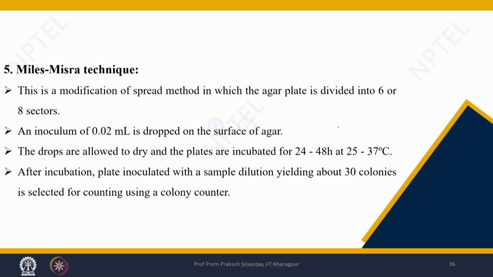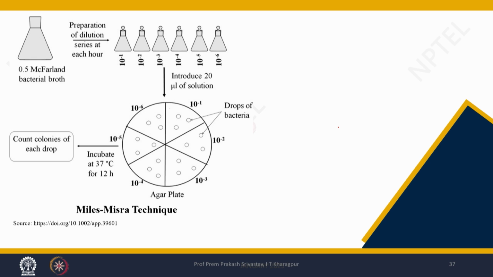This is the pictorial representation where the sample or the bacterial suspension is diluted in 0.5 McFarland bacterial broth, then it is serially diluted 6 times, and then 0.02 ml or 20 microliter solution is dropped on the 6 sectors.